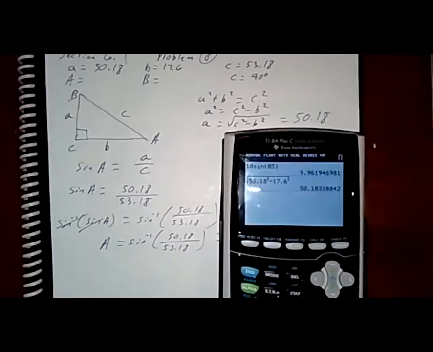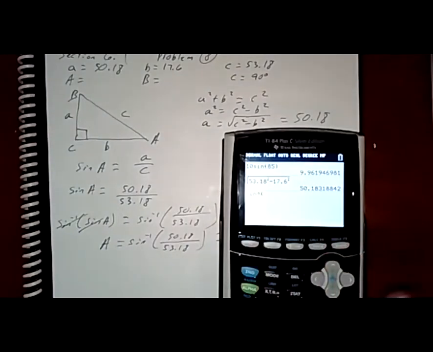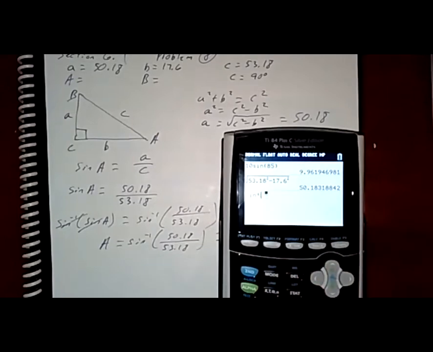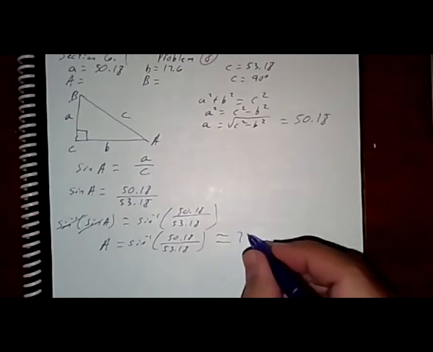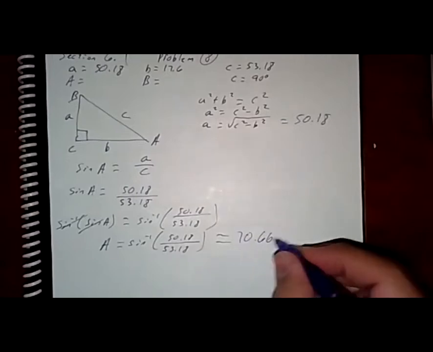That is approximately 70.66 degrees, so 70.66 degrees is A.